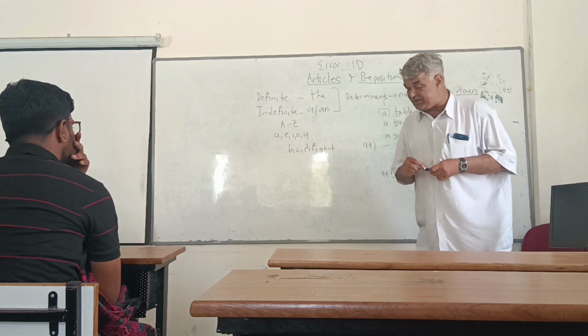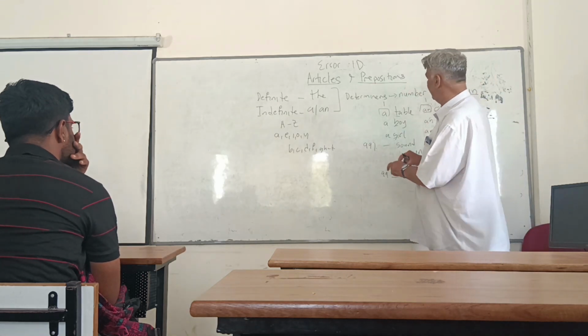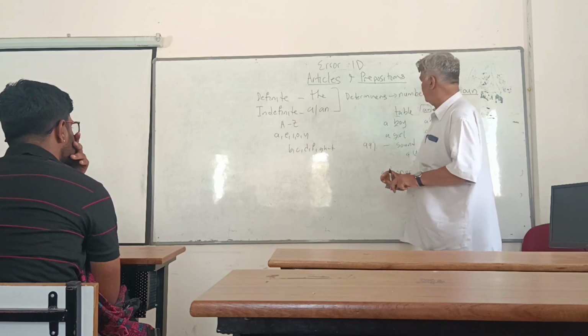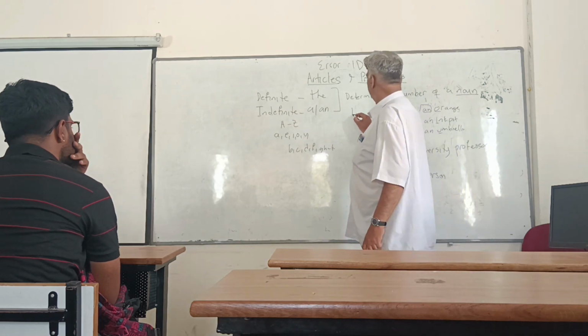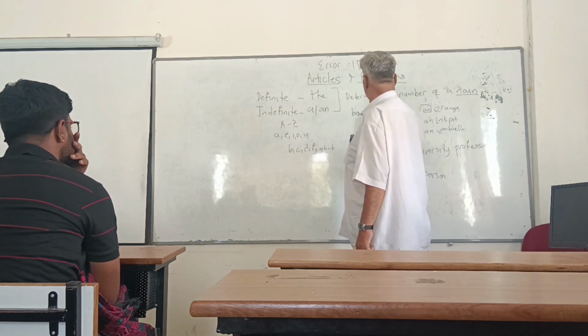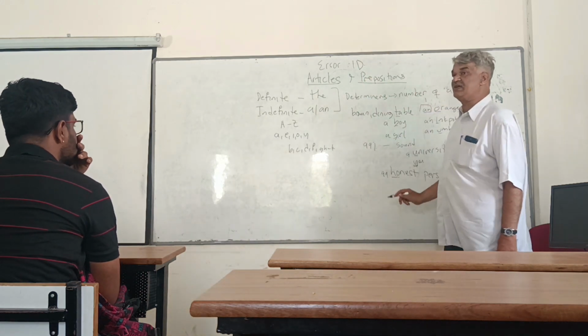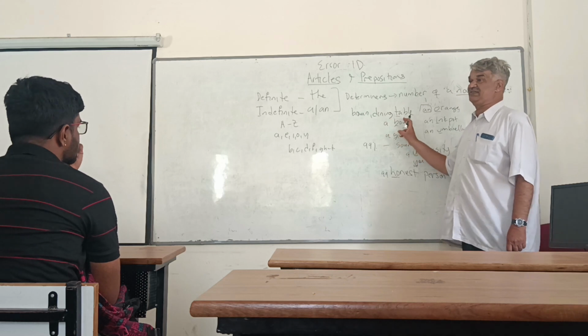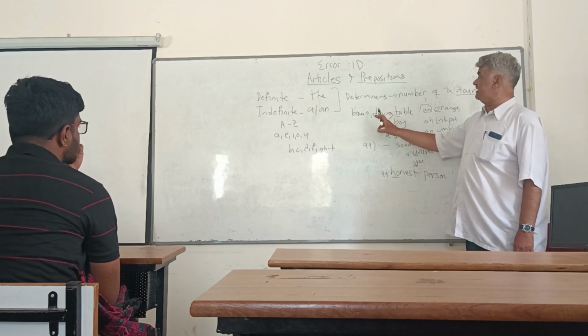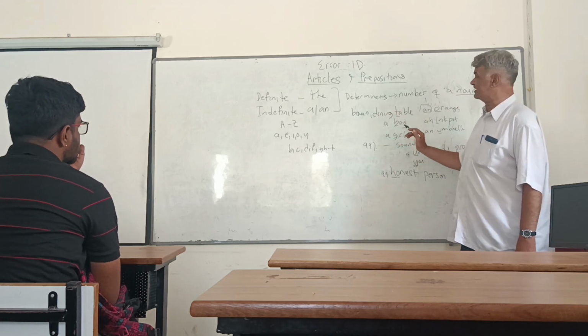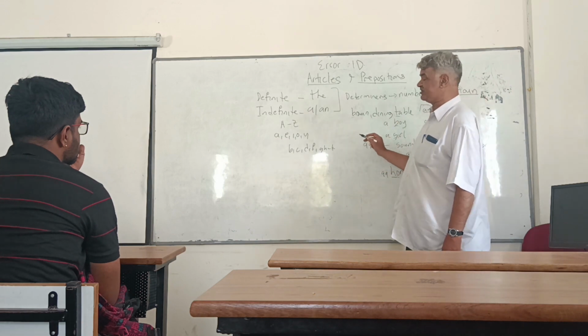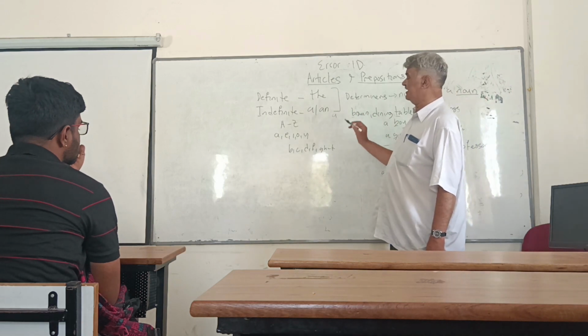Now, you see, it need not always be a common noun. For example, I can say, "round dining table." Now here you have a couple of adjectives. "Brown dining table." This is a consonant, so you will use "a."